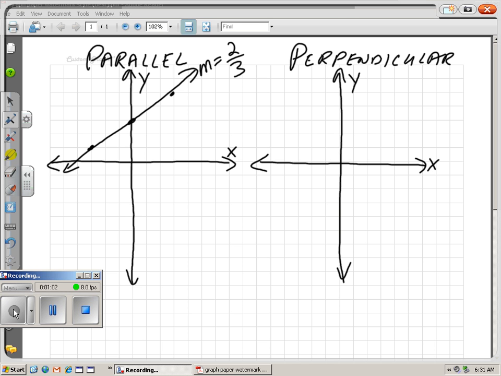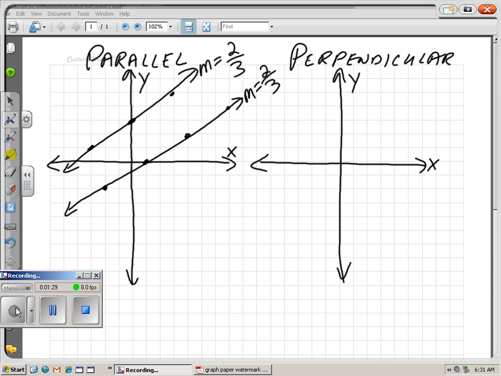Now a line that's parallel to it would have the exact same slope because it would also have to go up 2 over 3, up 2 over 3, up 2 over 3. And there we go. Parallel lines kind of look like railroad tracks. They run the same direction forever. So this line also has a slope of up 2 over 3, or 2/3.